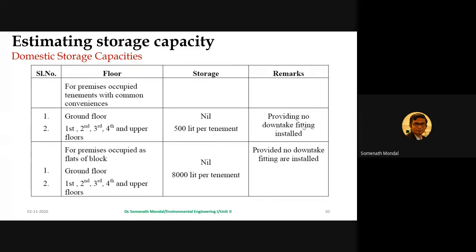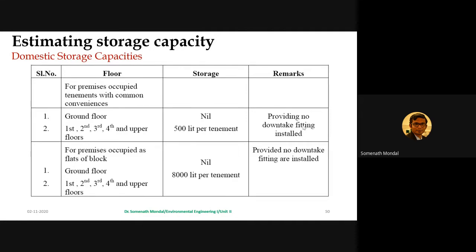And the remark here is that no downtake fitting is installed. So if you don't talk about any other storage and only talk about the storage per tenement, in that case for the ground floor and first, second, third, fourth and upper floors, we need at least 500 liters per tenement.